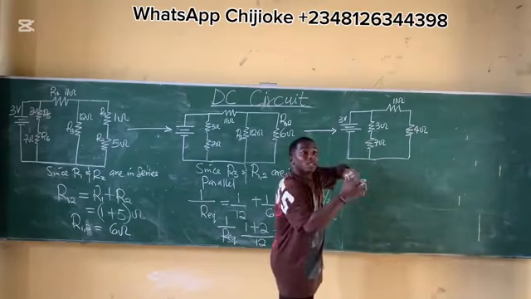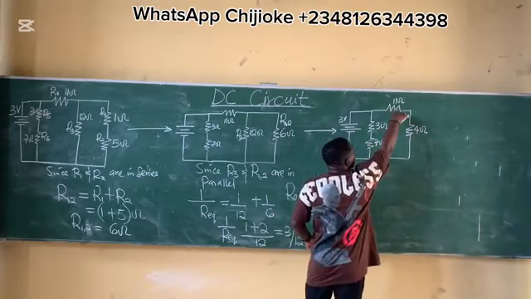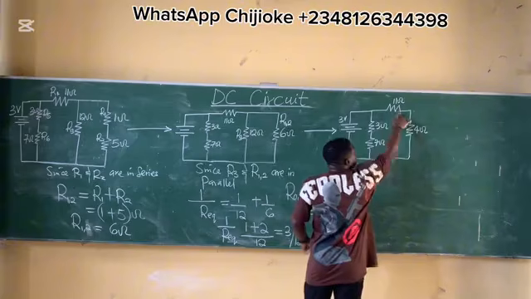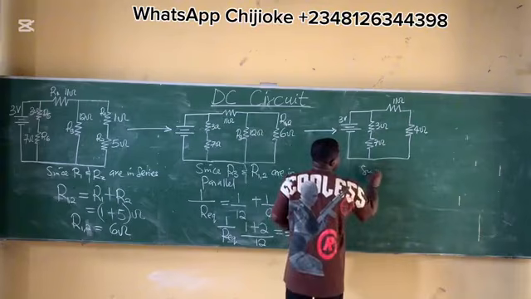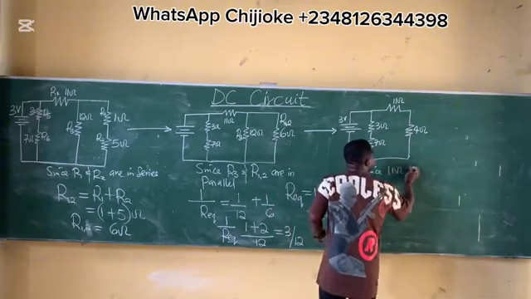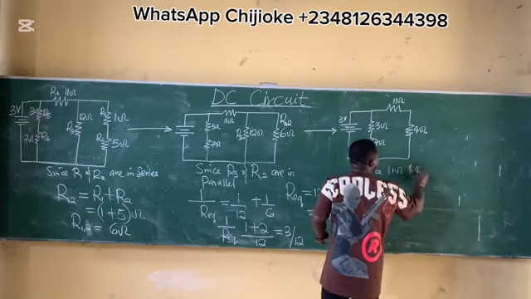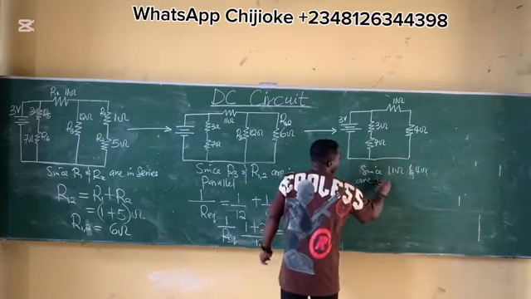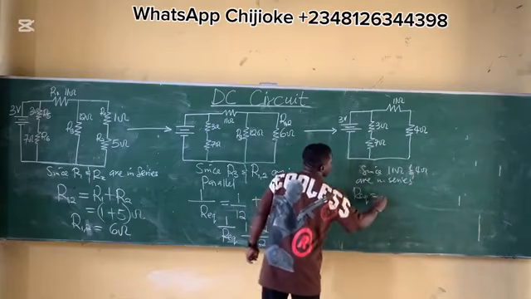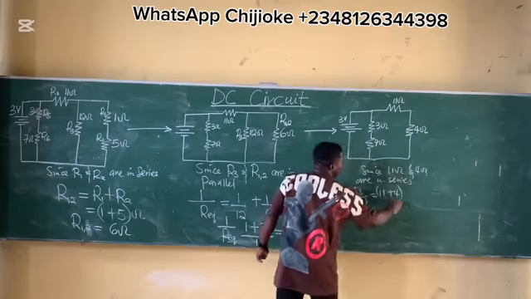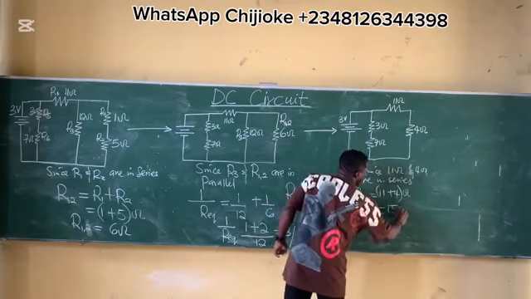It is 4 plus 11, and that gives us 15. Since 11 ohms and 4 ohms are in series, the equivalent resistance is 11 plus 4 ohms, which equals 15 ohms.